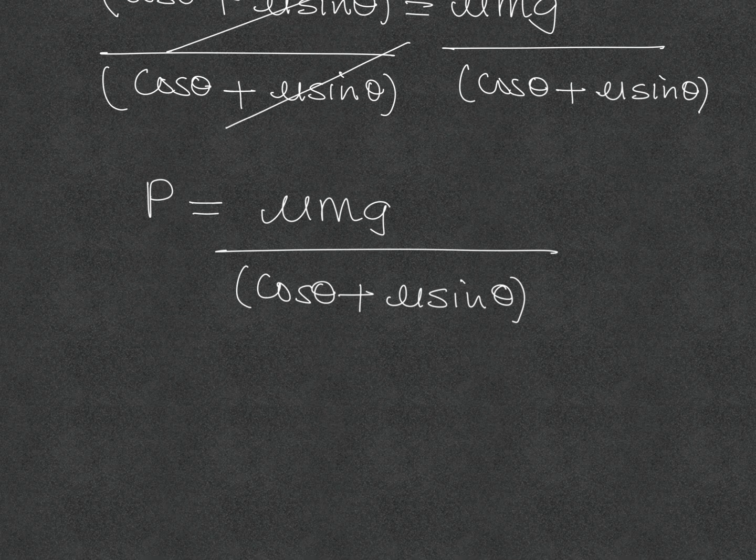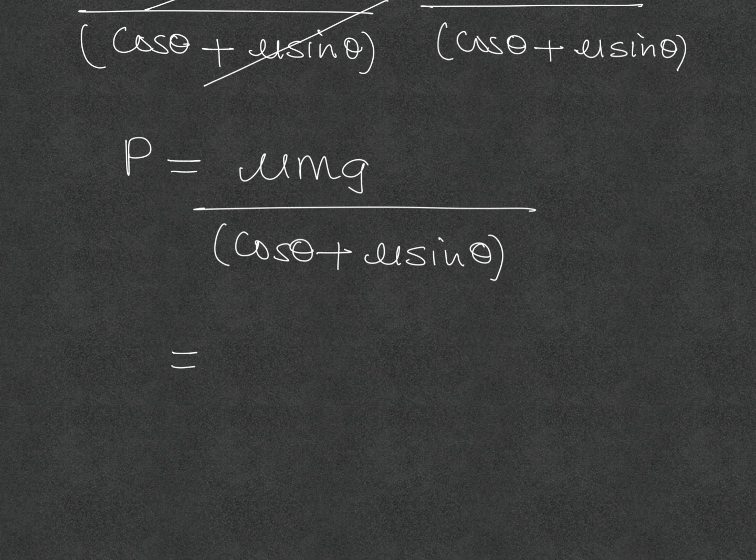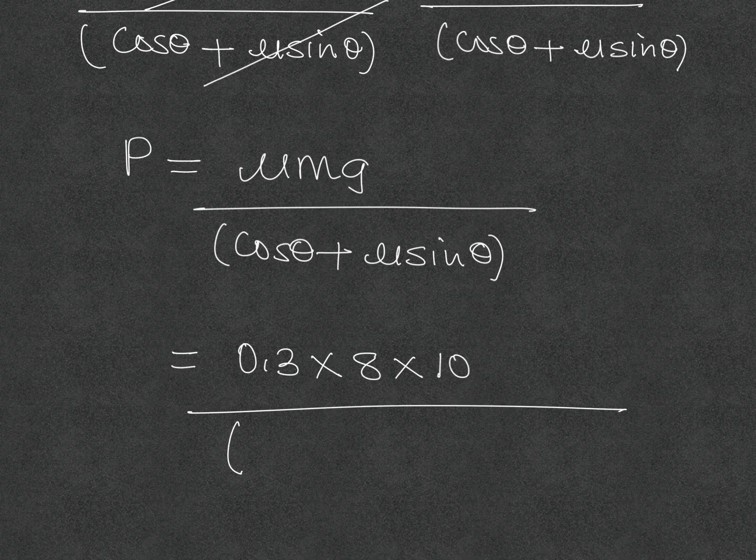Now I can substitute the values. The coefficient of friction given in the question is 0.3. The mass of the object is 8 kilograms. Acceleration due to gravity is 10. Divided by cos 30 plus the coefficient of friction 0.3 times sine 30.